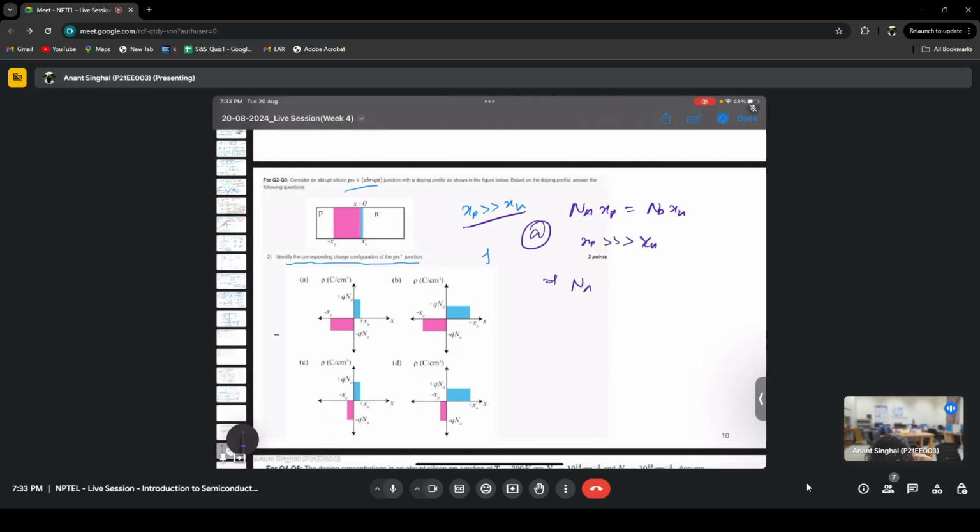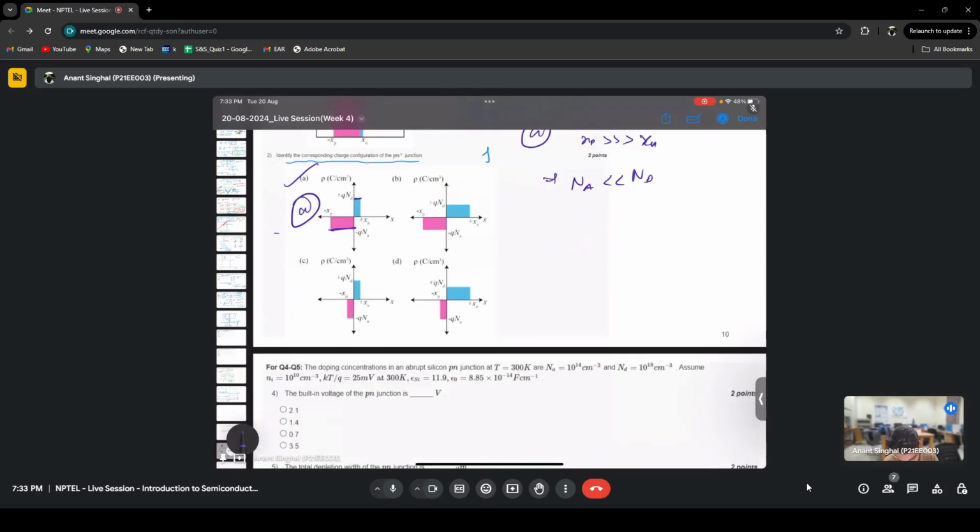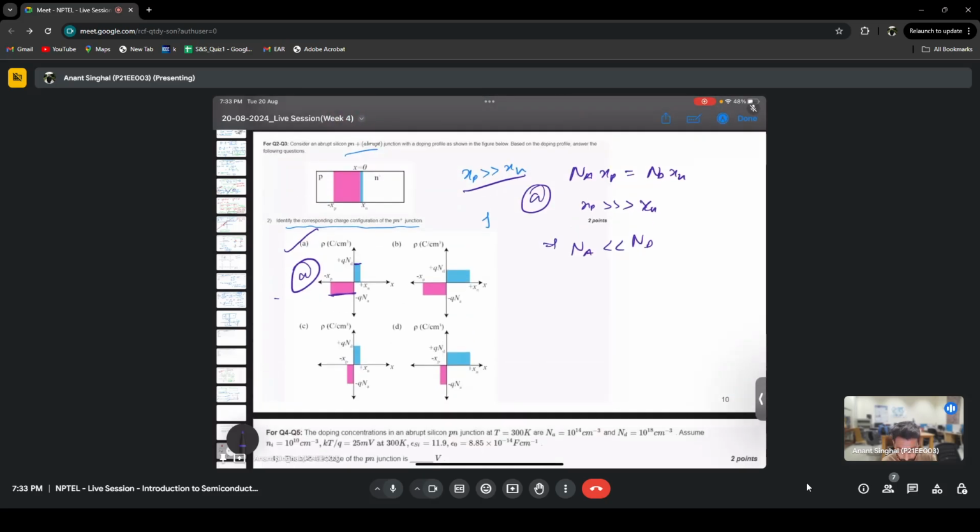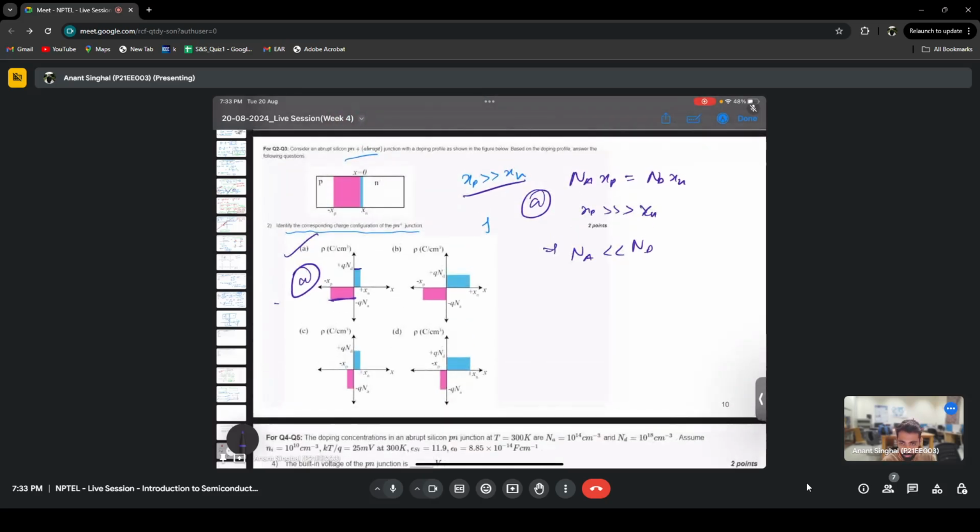That makes NA lesser than ND. So option A will be correct. Similarly, there are some electric field plots also, so you can see it will look something like this if I ask for electric field.